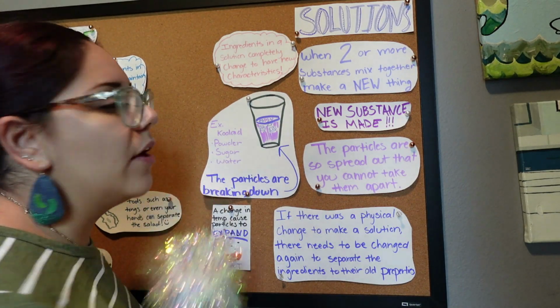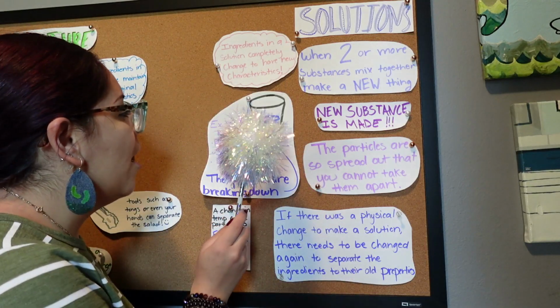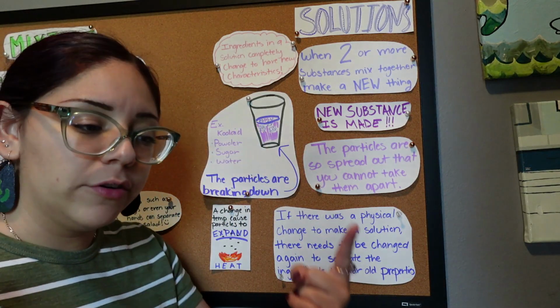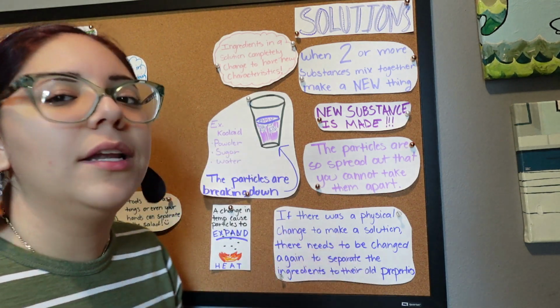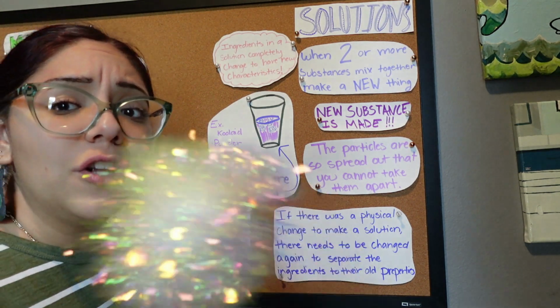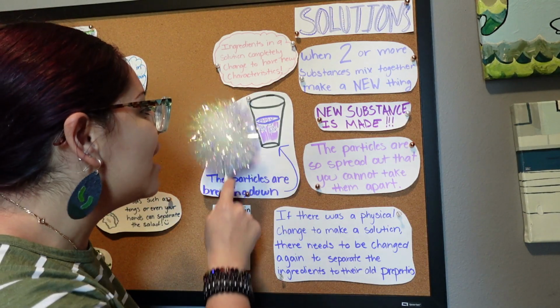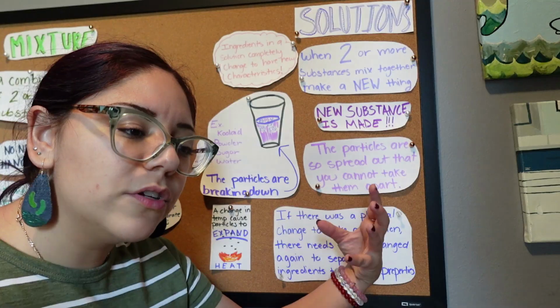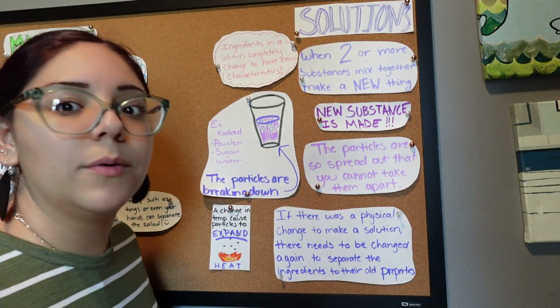Here's an example. I have my Kool-Aid, my delicious grape Kool-Aid. Here I have powder mix, I have sugar, and I also, of course, need to have water. Now, solubility has a lot to do with a solution because it has to break down and spread its particles apart in that liquid. So here, the particles are breaking apart.